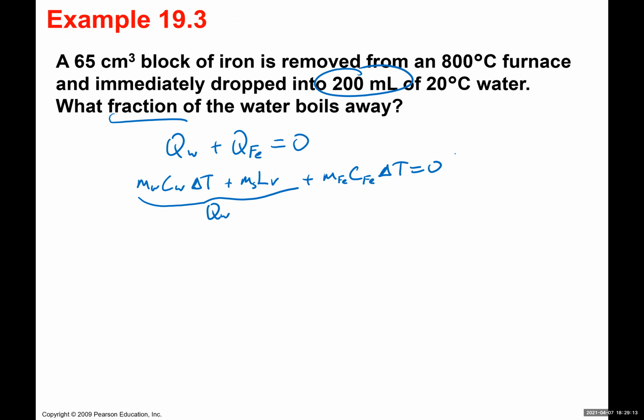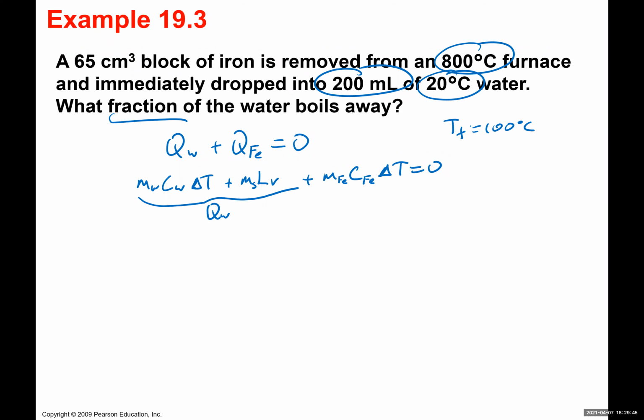Okay. Now, what we have here is this. We know the total mass of water. We know the initial temperature of water. We know the final temperature of both of them is 100 degrees Celsius, and we also have the initial temperature of the iron. Now, we're not given how much iron we have, but we are given the volume of the iron block, 65 cubic centimeters.